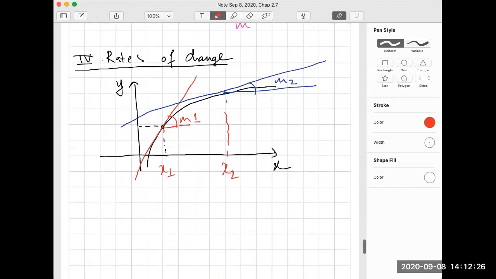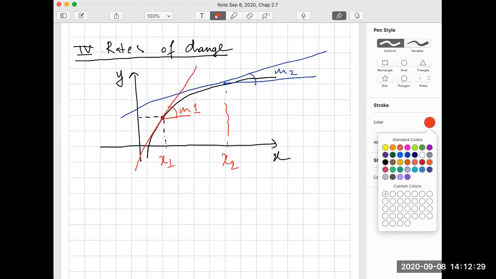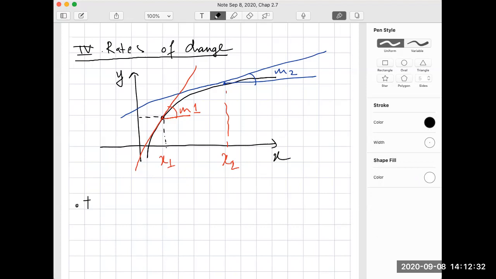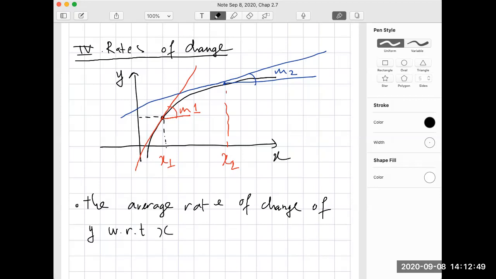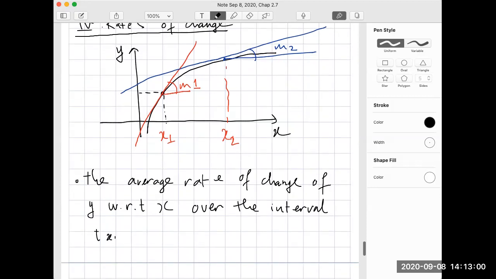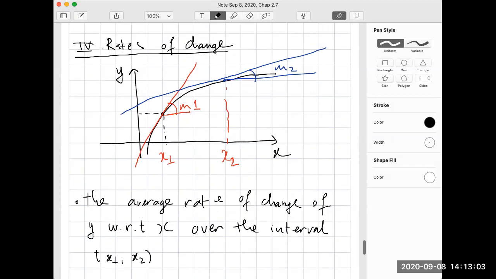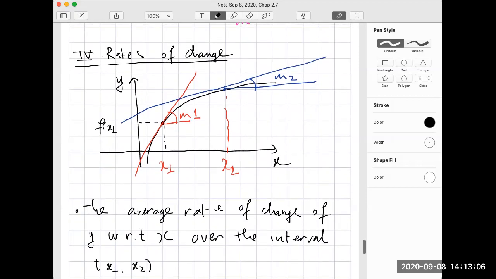Very good. So, the average rate of change of y with respect to x over the interval x1, x2, and we see that this is f of x1 is right here, right?